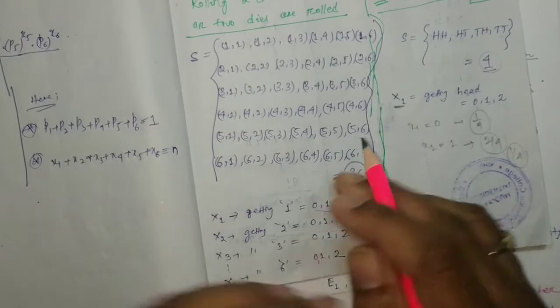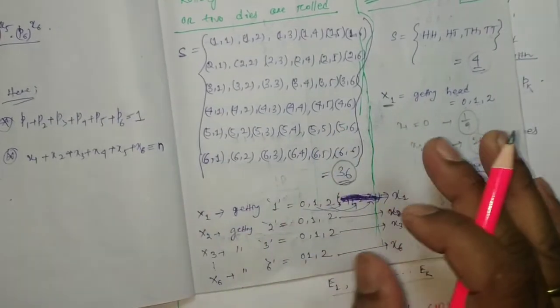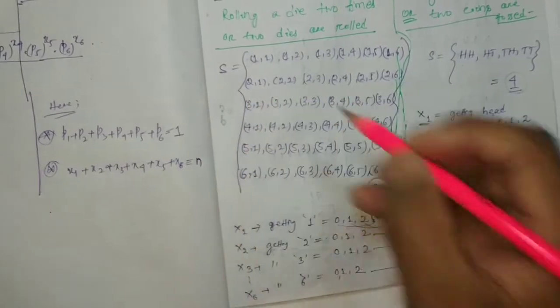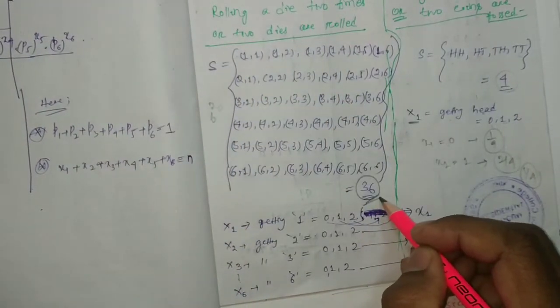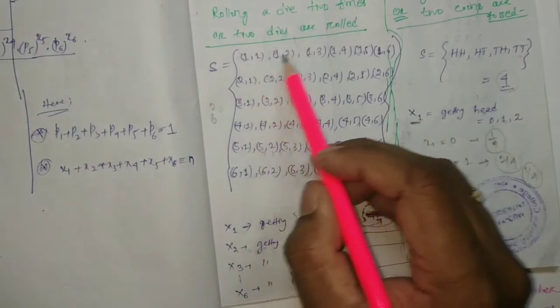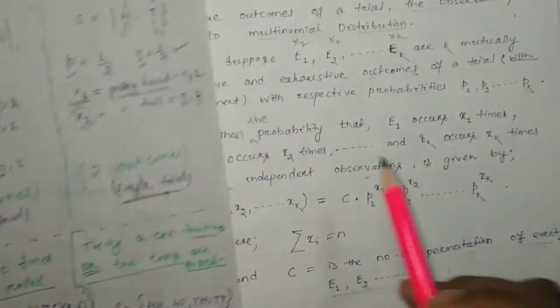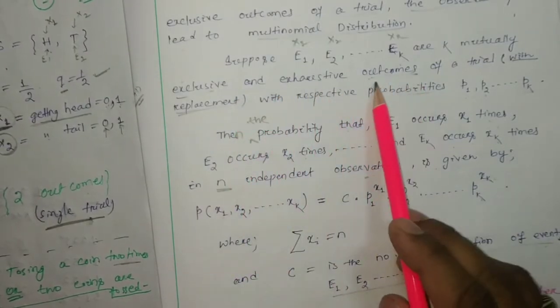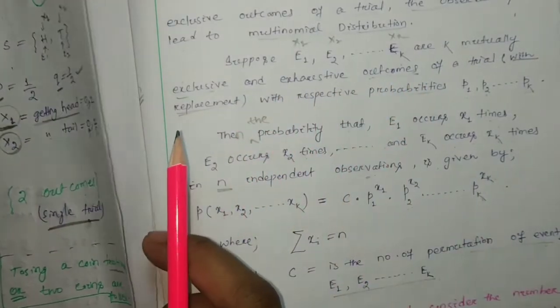The total number is 36, that we know, 6 to the power 2 is 36. These are all the so-called exhaustive outcomes.